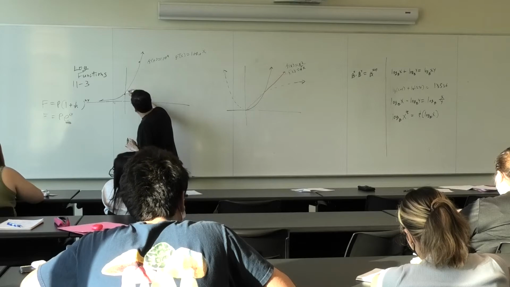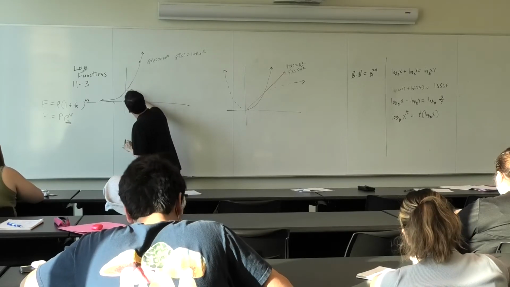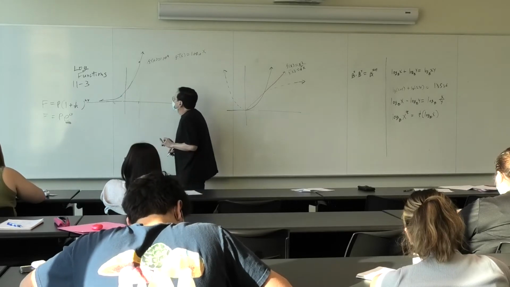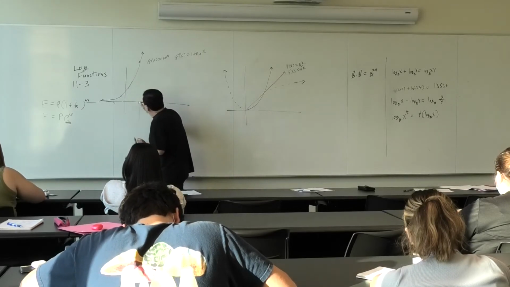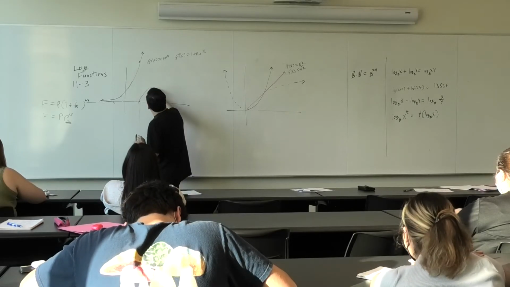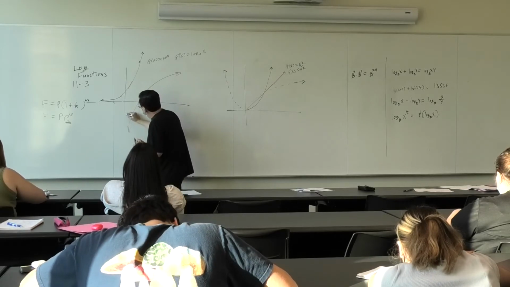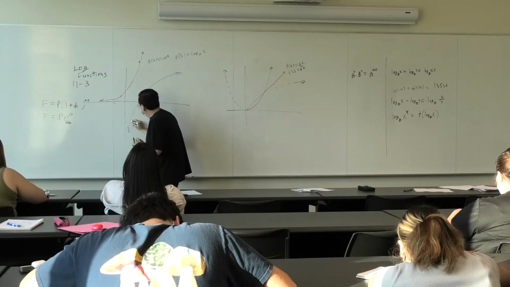And this is 1, too, so it should probably be a little higher up. Okay. So the log function is going to go through here, and it's going to go this way. And then it's going to come and taper off here pretty quickly.